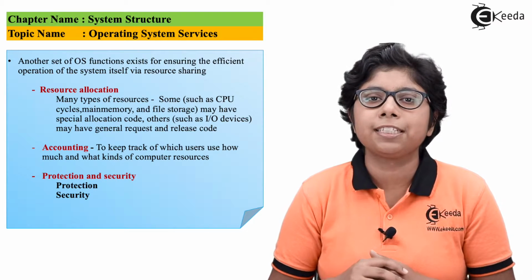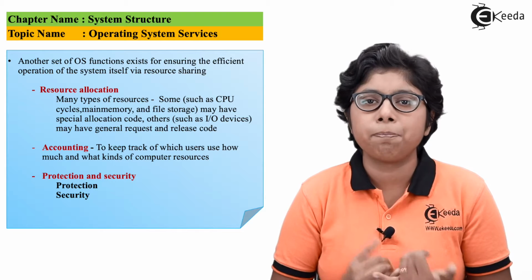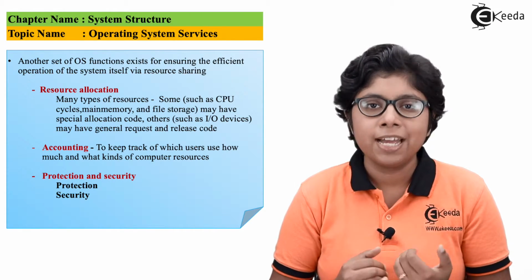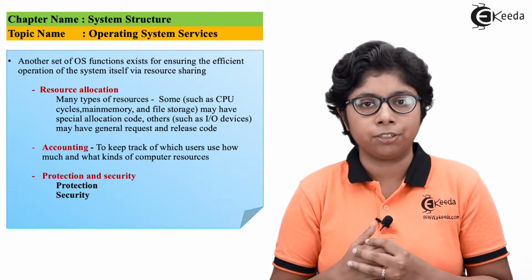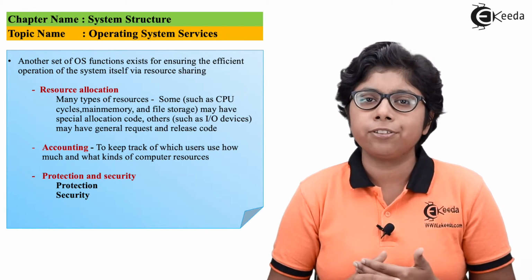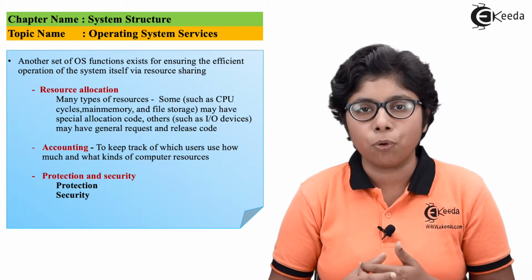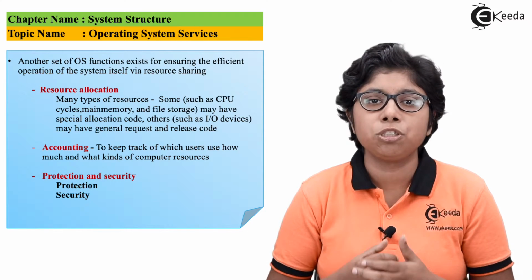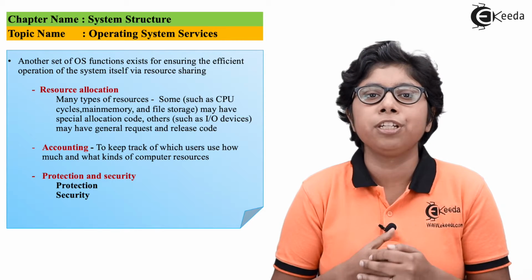The operating system may need to manage many types of resources such as CPU cycles, memory, access to files, and so on. These require special code and special attention. There are some other resources such as I/O devices which may require some general release code. This code needs to be performed by the operating system to practically allocate the resources and make them available to the user.